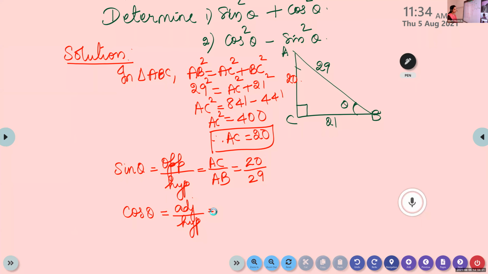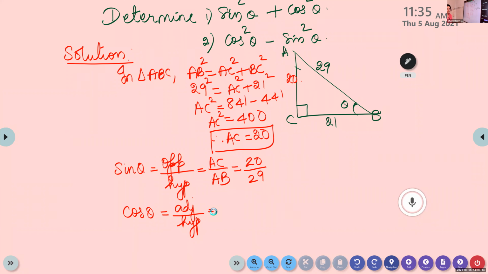Afsana, which is the adjacent side of angle theta?